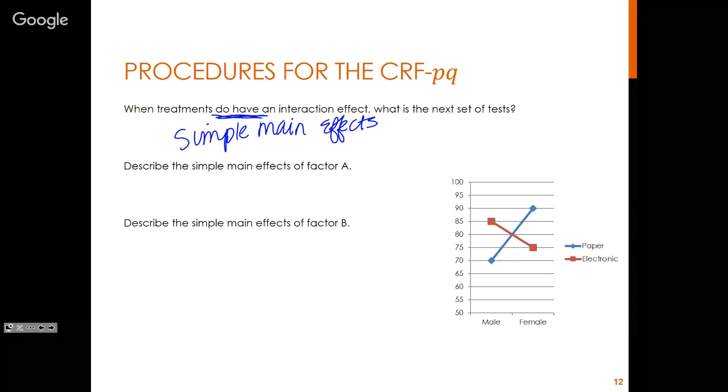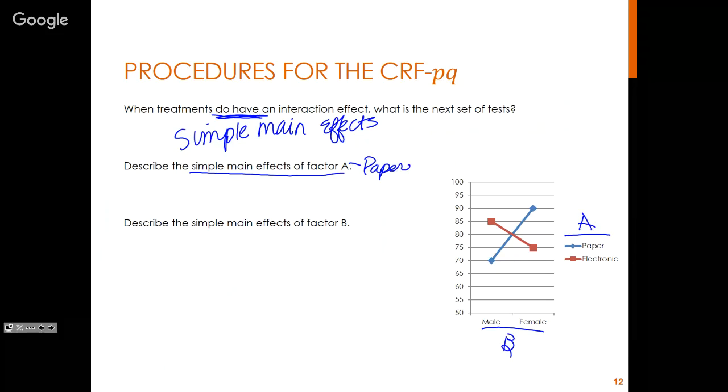So if we say that factor A is format and factor B is gender, describe the simple main effect of factor A, paper. Females prefer paper tests or did better on paper tests. Good.